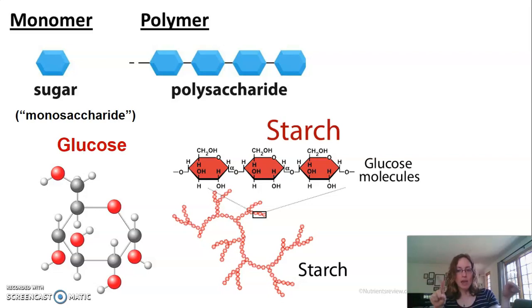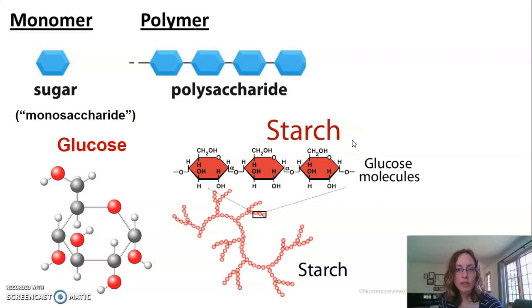It has a hexagon-shaped ring, and so that's why in this picture of starch, you can see that hexagon colored in red, or why these blue hexagons are up here, because glucose is a hexagon-shaped molecule with carbon, oxygen, and hydrogen. And then starch, which is the molecule that makes up things like potatoes and bread and pasta, is just a long chain of those glucose molecules, and when you eat it, in your mouth and in your intestines, it gets broken down into sugars, and then those can be absorbed into your bloodstream.